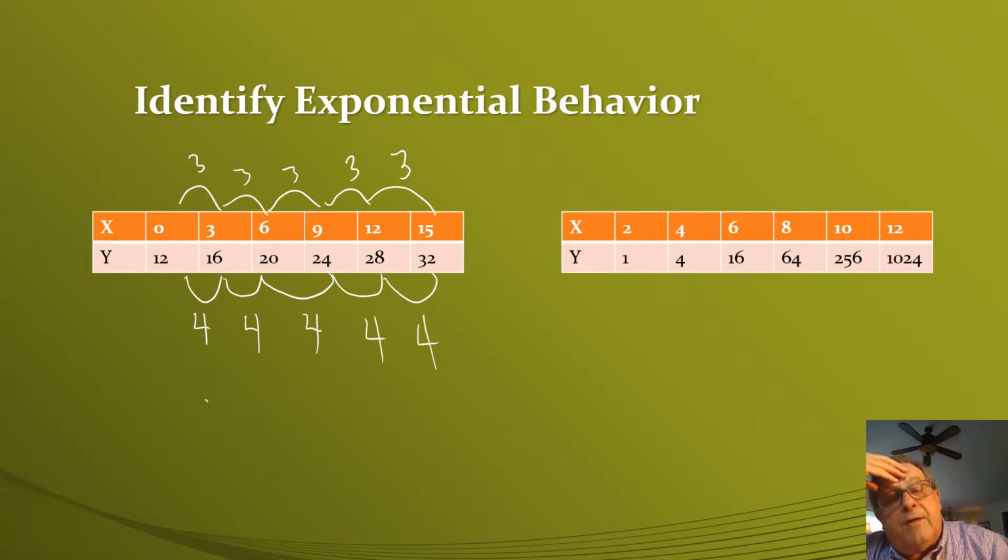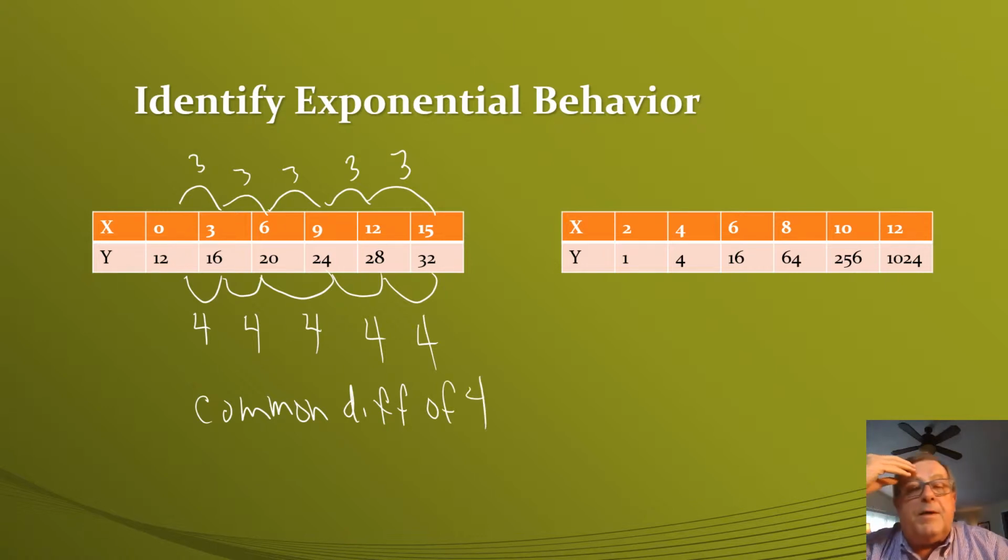And we would say that we have a common difference in our values of y of 4. That would be characteristic of an arithmetic sequence, which gives us the behavior of a linear function. And in fact, our change in y over the change in x is actually 4 over 3.